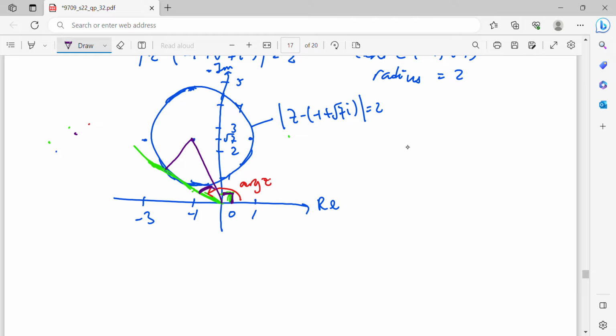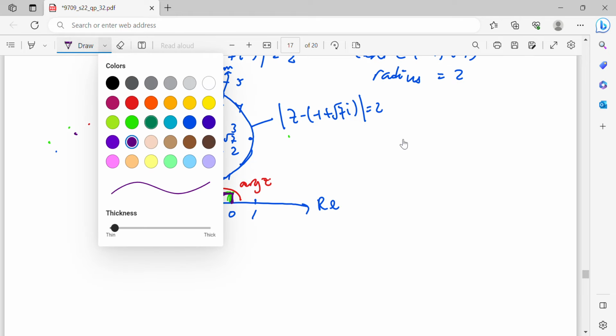It is here, this part, plus this part. Okay, there are three angles added together. So how to get these three angles?